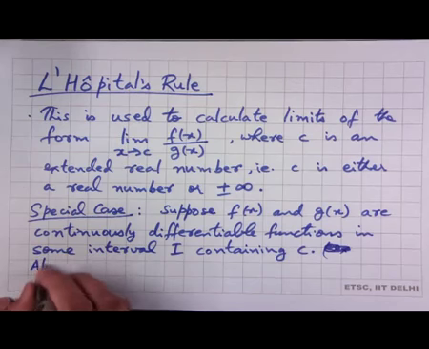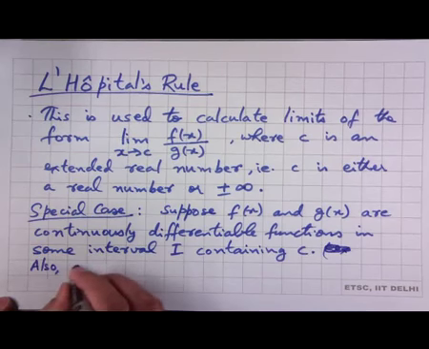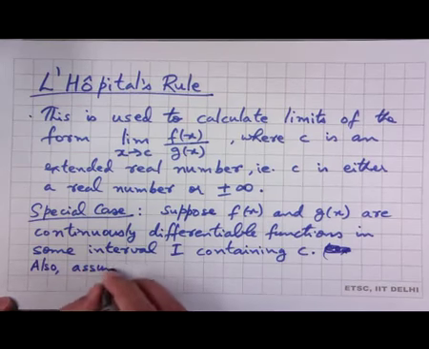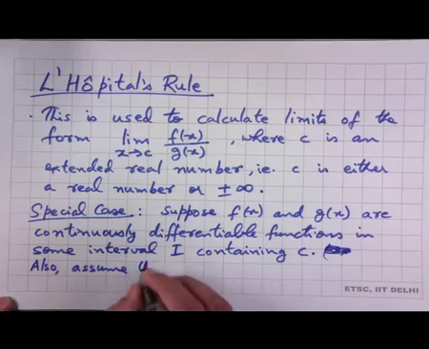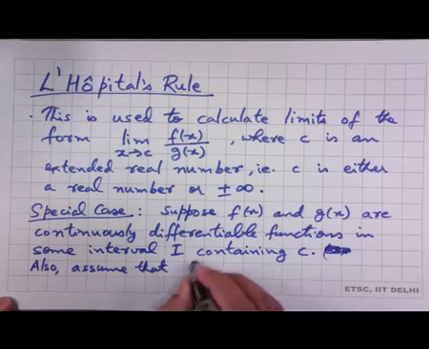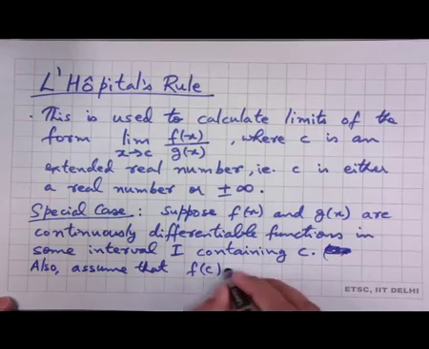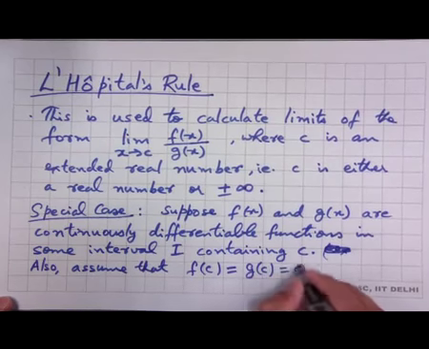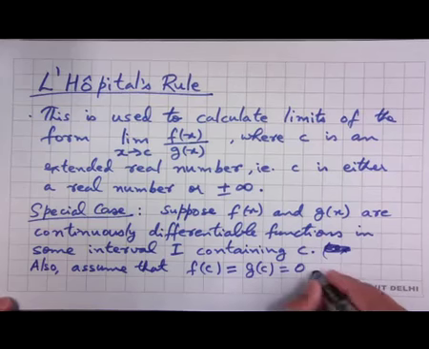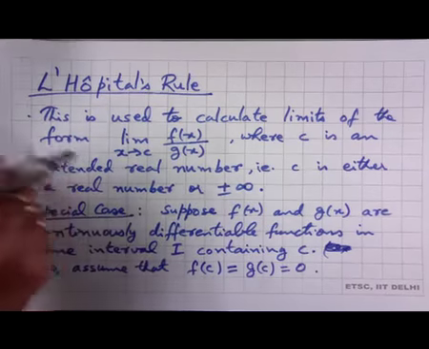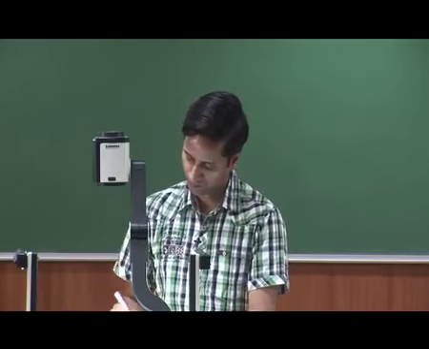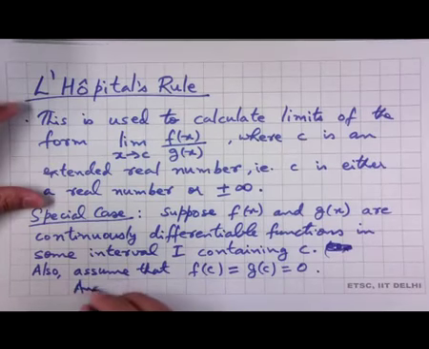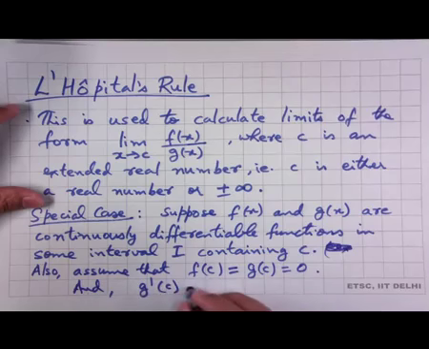Also assume that f of c is equal to g of c and both are 0, and let us assume that g prime at c is non-zero.